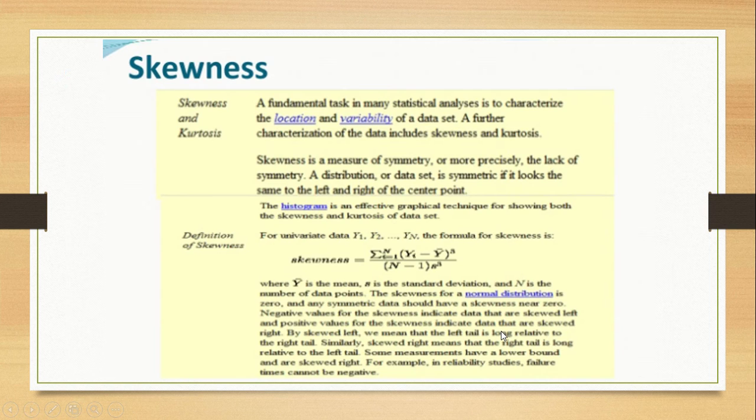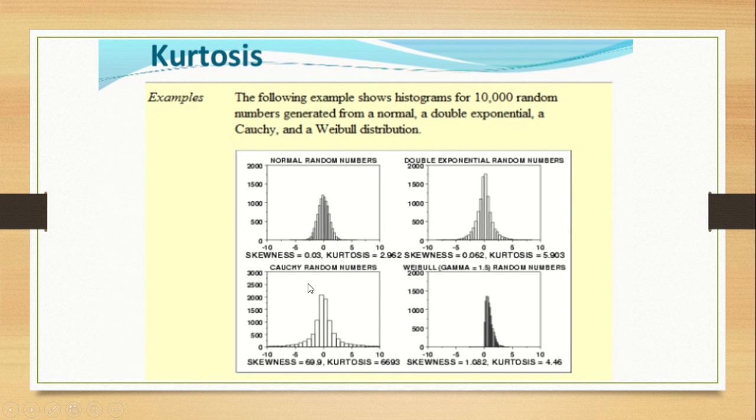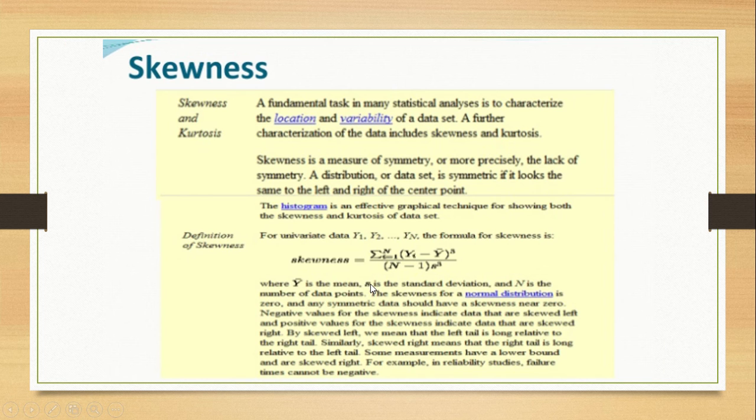All right. Then we have what we call skewness. What does skewness mean? Skewness and kurtosis are illustrated in these pictures here. A fundamental task in many statistical analyses is to characterize the location and the variability of a data set.